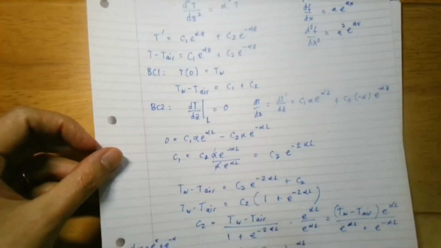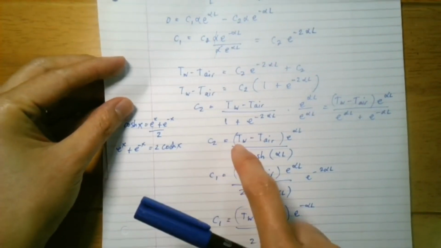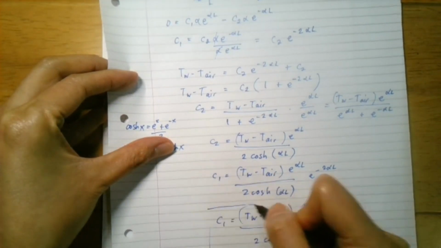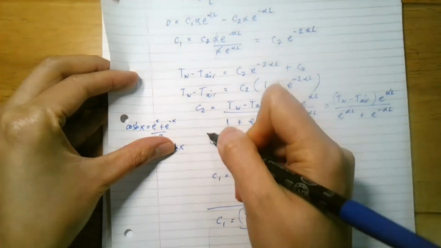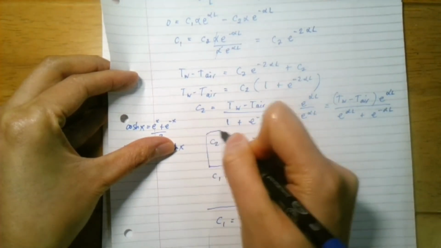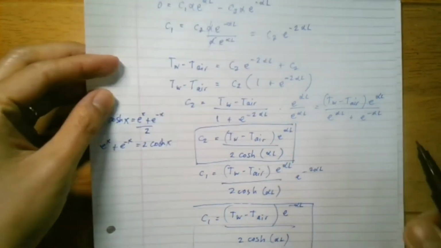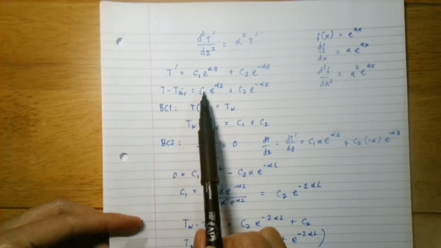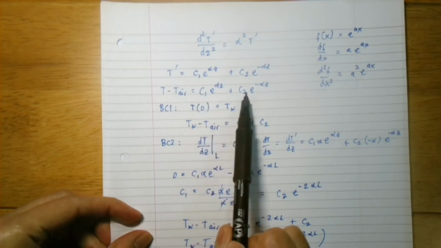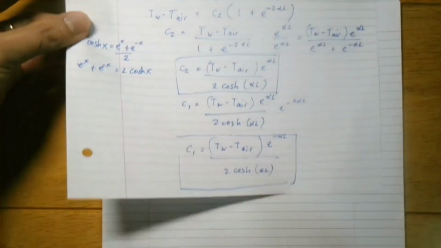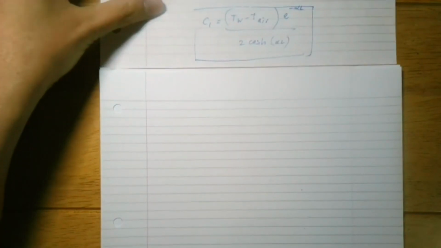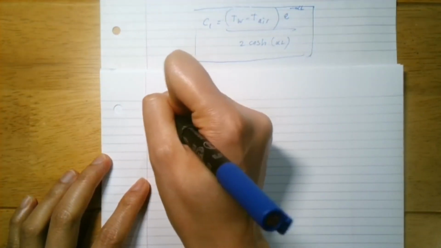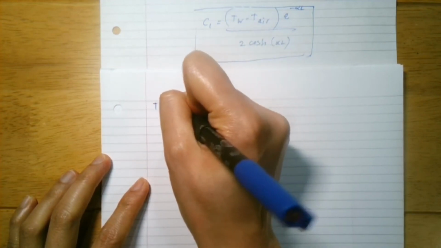Now that we have C1 and C2, we can now write our solution using the expressions that we derived for C1 and C2. So we'll have T minus T air.